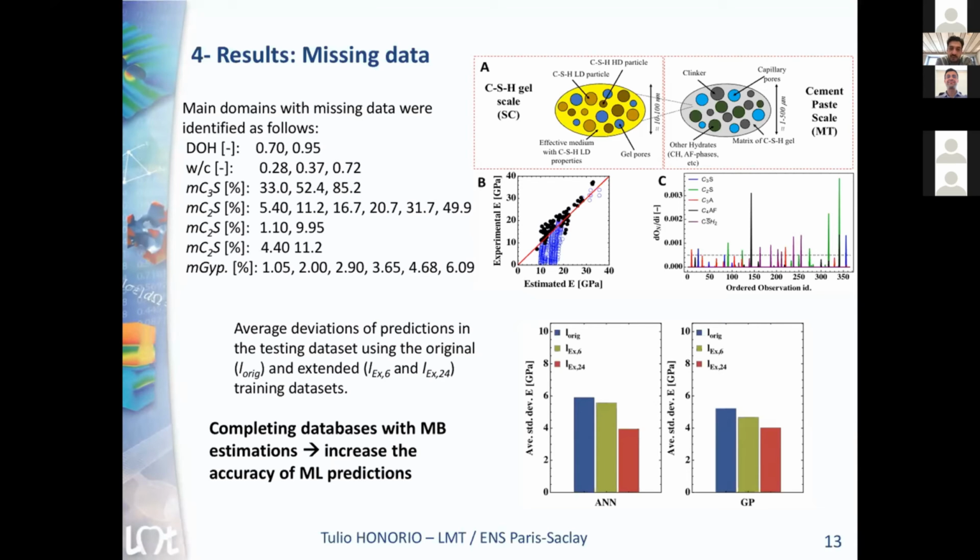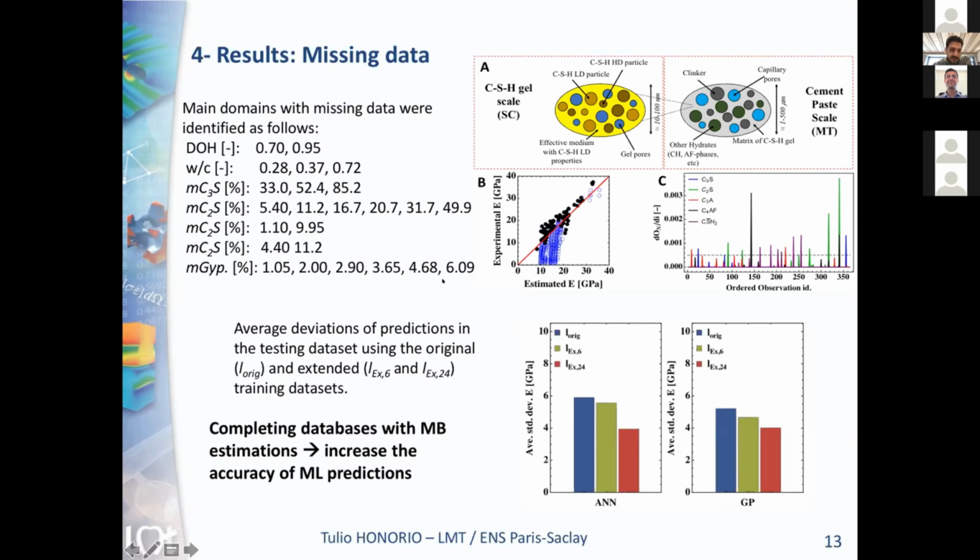The minimal new data that you can do with these values here are 6 observations, but you can also generate more data doing combinations of the different values here. So we tested a new extended data set with the 6 observations, and also a new extended data set with 24 new observations.